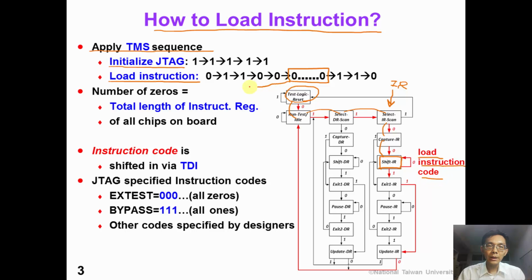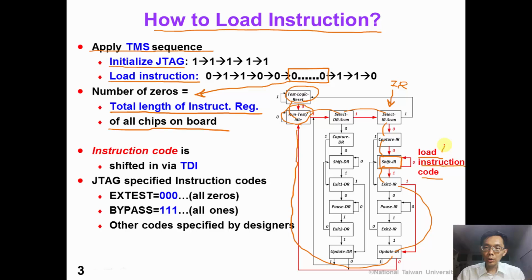Please note that the number of zeros is equal to the total length of instruction registers of all chips on the board. After that, we can leave the state by applying a 1, 1, and eventually a 0, so that we are now back to the run test idle state.